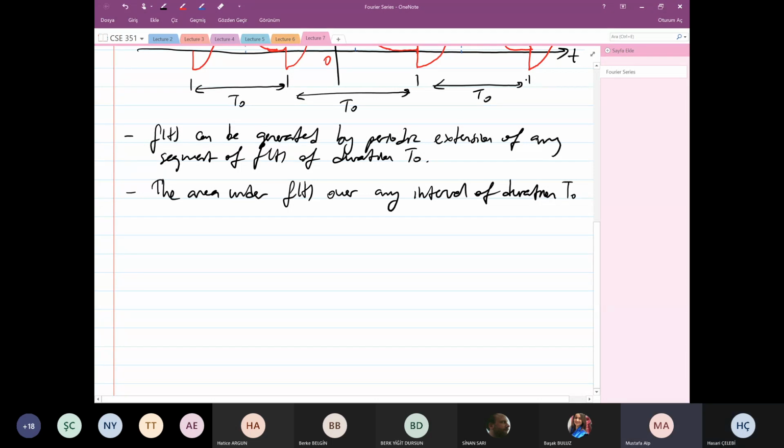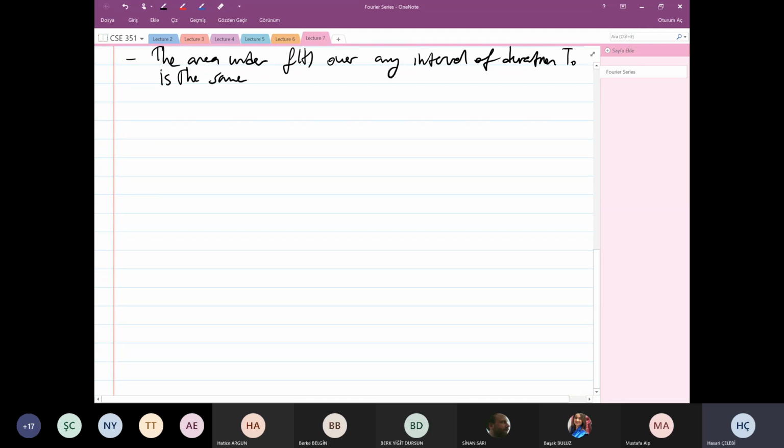The area under f of t over an interval of duration T0 is the same. What does it mean mathematically? I take a segment from A to A plus T0 and calculate the area under it, which is going to be equal to the integral from B to B plus T0 of f of t dt.